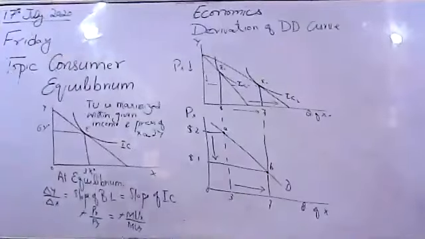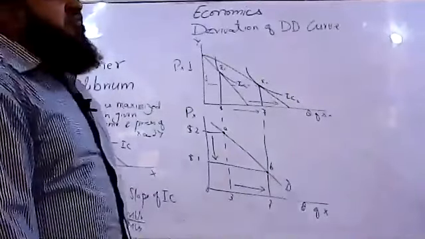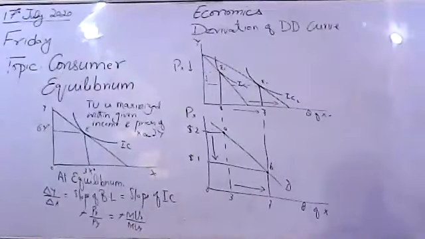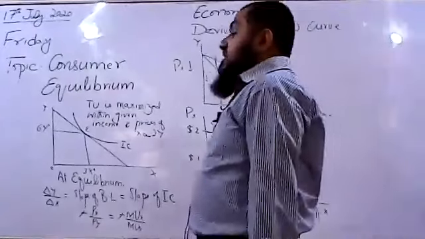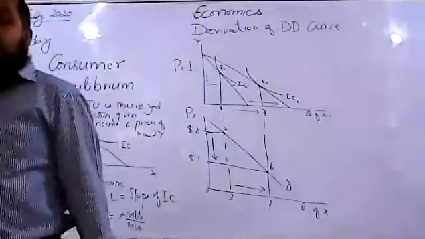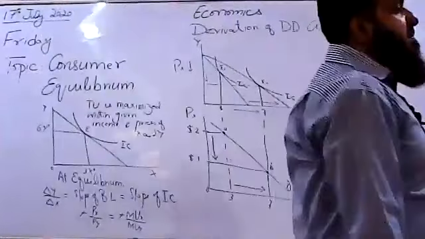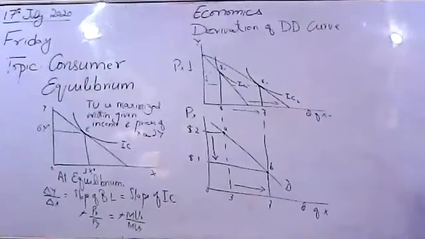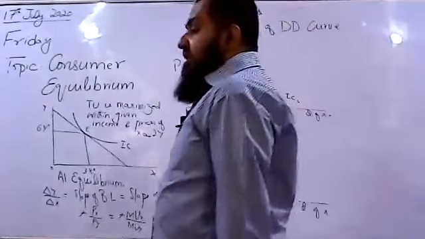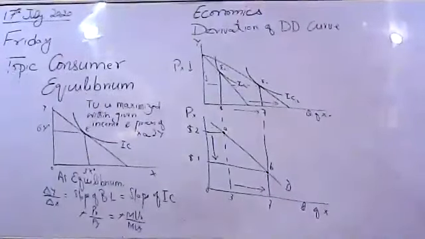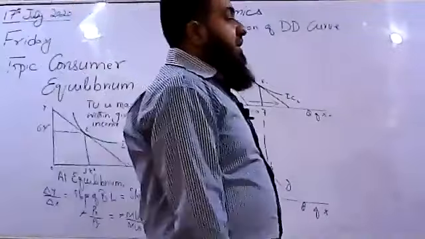The consumer is able to consume different bundles lying along his indifference curve, which shows the consumer preferences, whereas the budget line shows his affordability within income and the prices of the two goods. So when we put these together, we reach a point where his budget line is tangent to the highest attainable indifference curve.